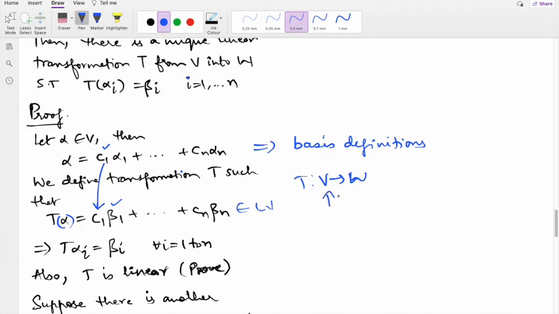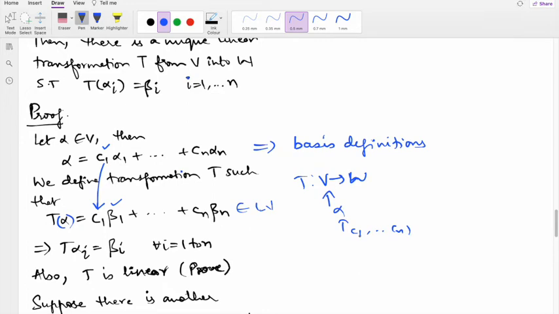It takes any element alpha in V, and it finds what these C1 to Cn are, the respective multiplication elements with respect to the basis alpha 1 to alpha n.